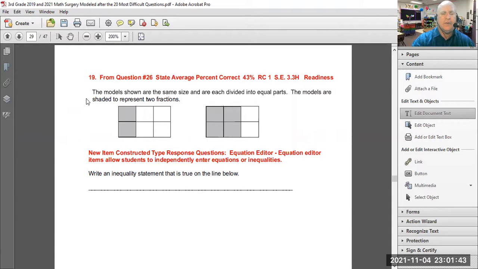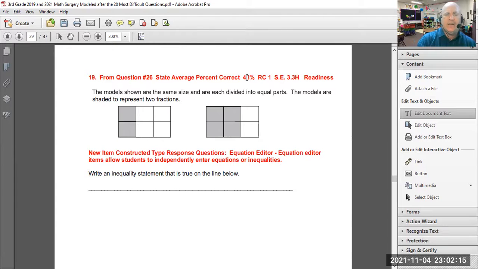So let's look closely. This came from question number 26, a state average percent correct of 43. That means in May, that less than half of the 3rd graders in Texas knew how to compare fractions that were not equivalent. So we're going to do an inequality equation editor type question.